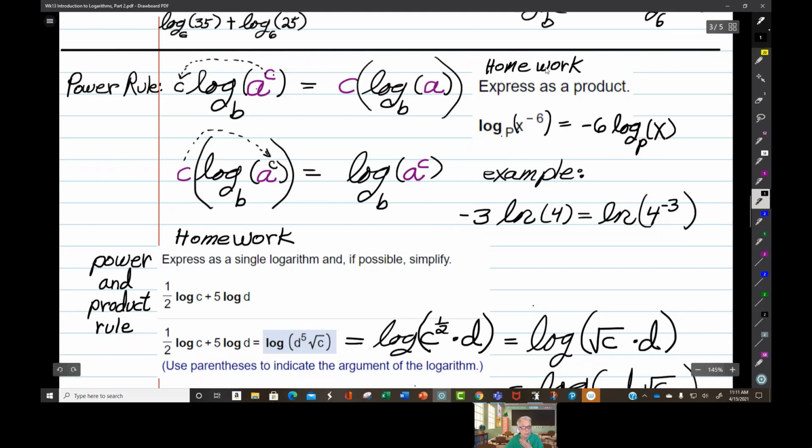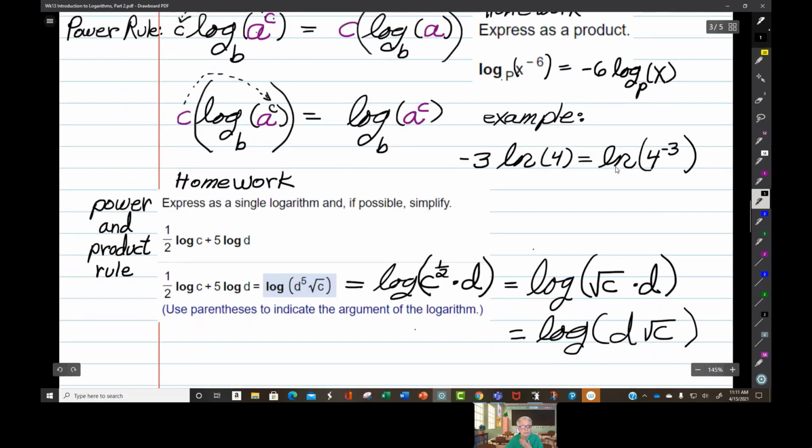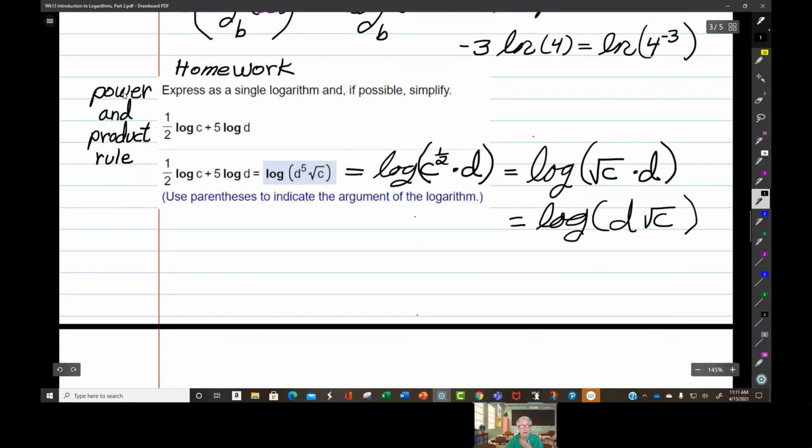Now here's a homework problem in which you use the power rule and the product rule together. So the first thing you do, I left out the first thing you do. Isn't that silly of me? So let me write it here.